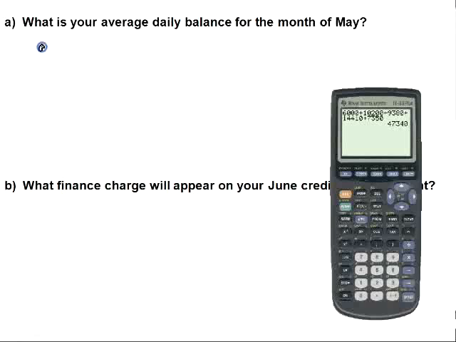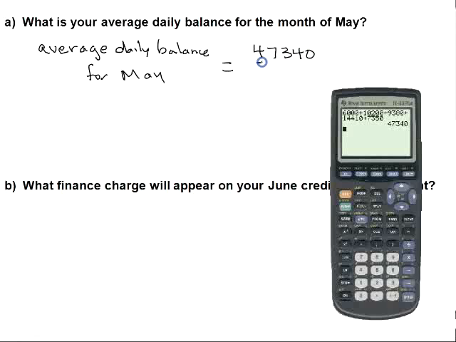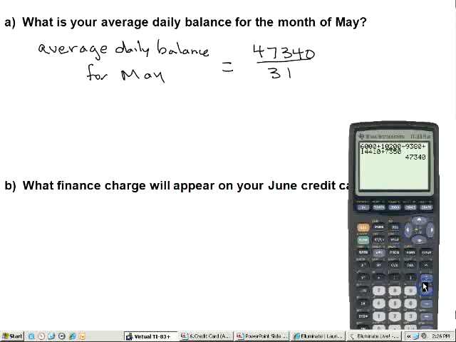The average daily balance for the month of May will be 47,340 divided by 31 days in May.